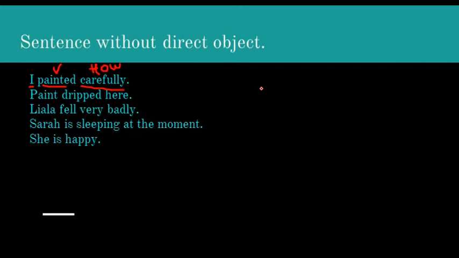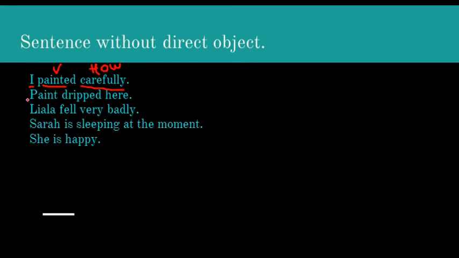Therefore, a sentence giving us information how, where and when will not have direct object. In this sentence, we don't have direct object.